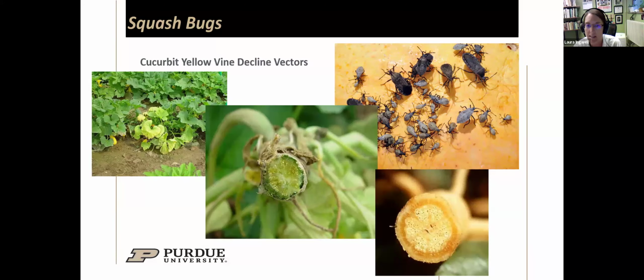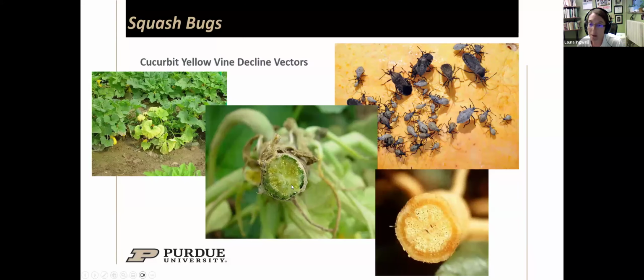But Cesar Escalante is working really hard to get a better understanding of how common this is in the state. So I just wanted to highlight that if your growers are seeing this sort of bleaching of the plant followed by vine wilting, I highly encourage you to take samples of those plants and send them to the Plant and Pest Diagnostic Lab or directly to Cesar Escalante at SWAPAC so that we can have a good record of where and when this disease is happening.